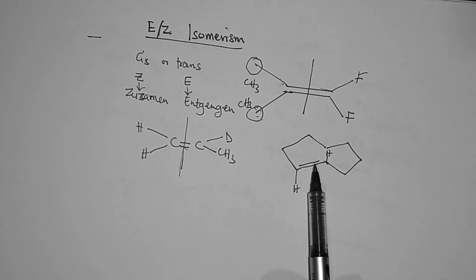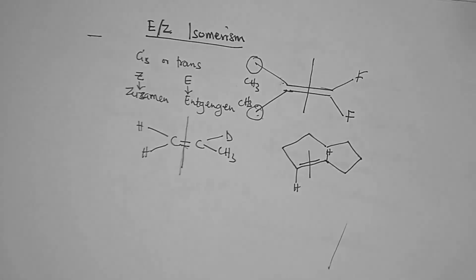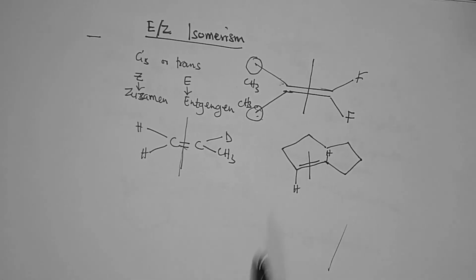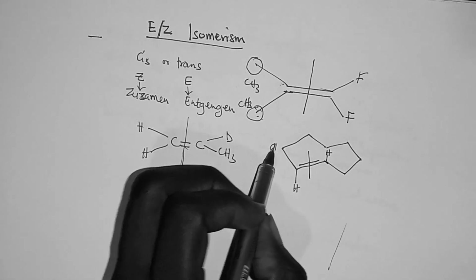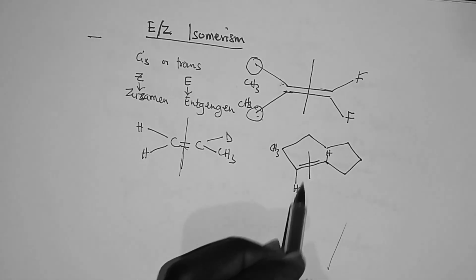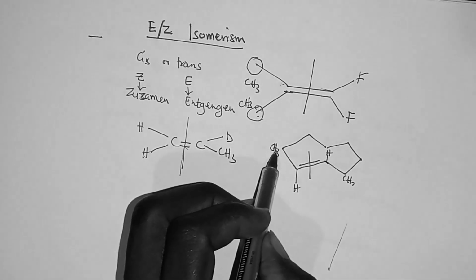Let's consider this molecule. Will this molecule exhibit cis and trans isomerism? So the acid test is to divide the double bond into two and look at the other side. You can see that this side is a CH3. It is different from this proton here. And then this side is a CH2.